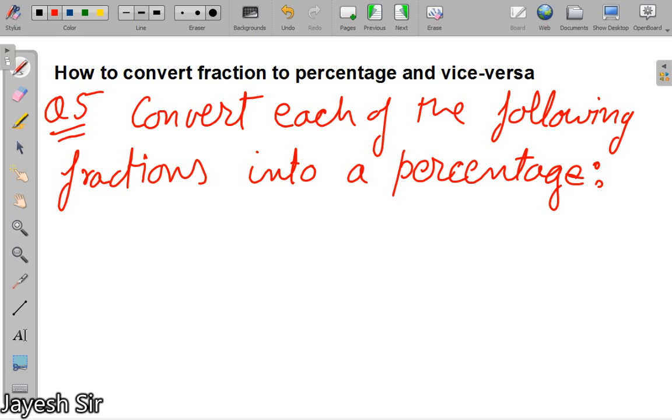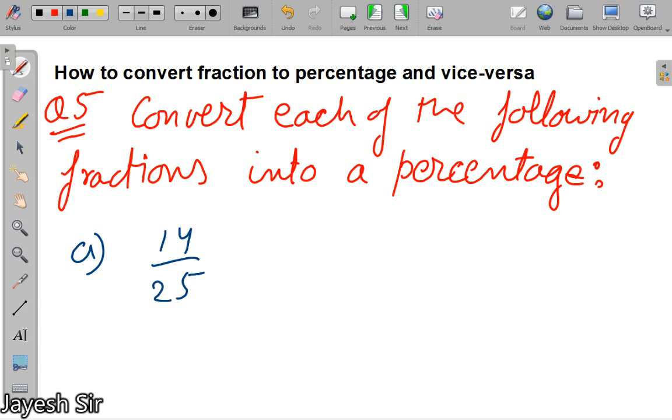Okay. So how to do that? Let me take a few parts for you. A part is 14 upon 25. We have to convert 14 upon 25 into percentage.